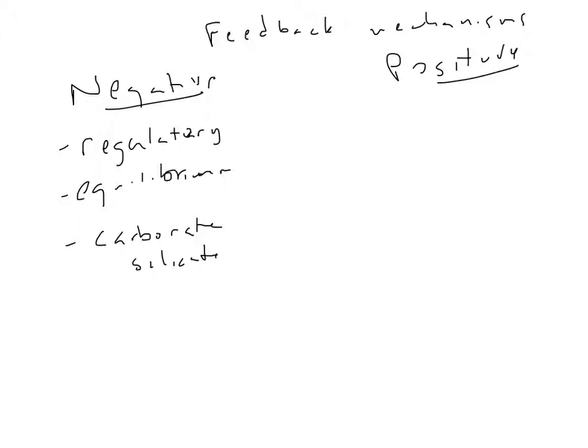In the case of positive feedback mechanisms, these tend to be non-equilibrium. They tend to force systems further and further away from some initial conditions. So these are destabilizing mechanisms.